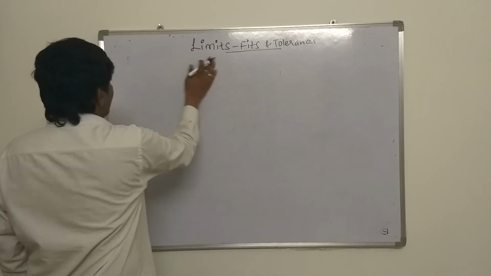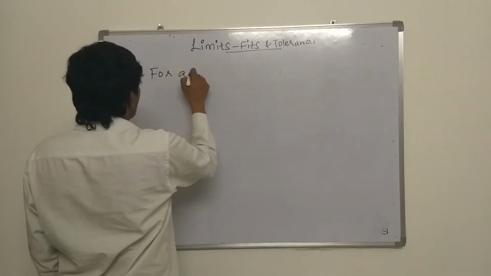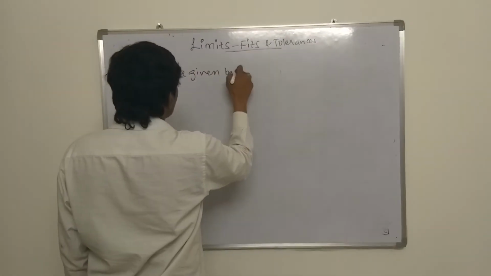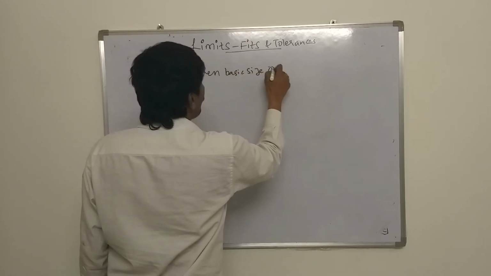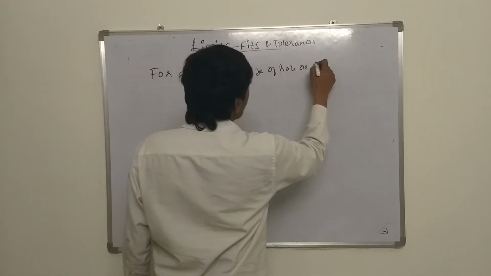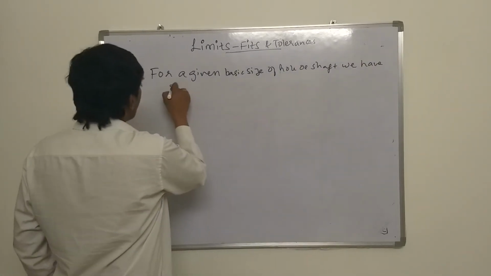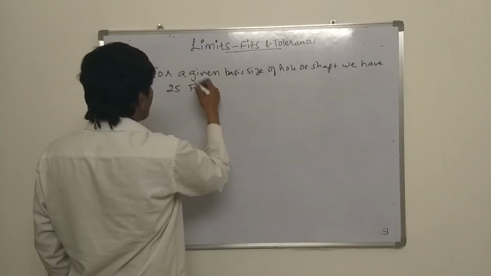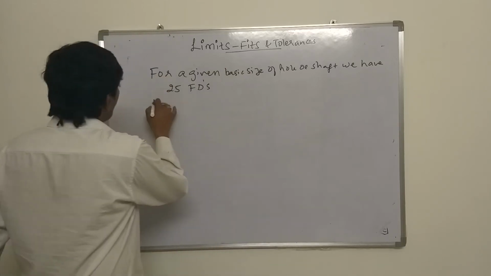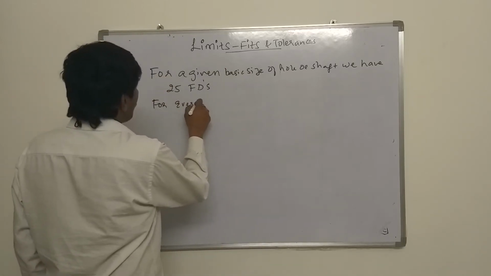For a given basic size of a hole or shaft, we have 25 fundamental deviations.